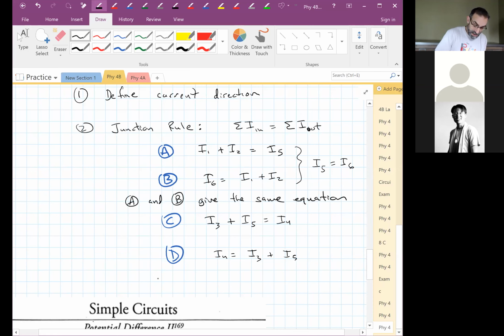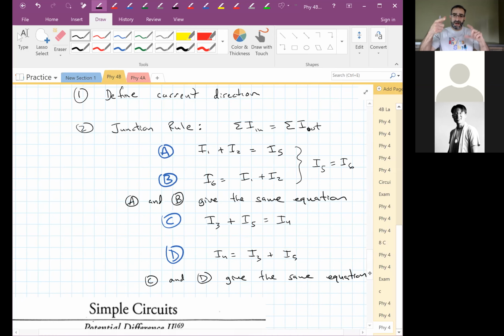So junctions C and D give the same equation. On first glance, when you look at the circuit, it looks like there are 4 junctions, but really each one has a counterpart which gives us the exact same equation.